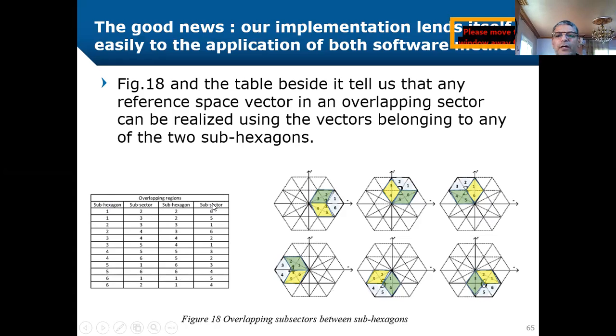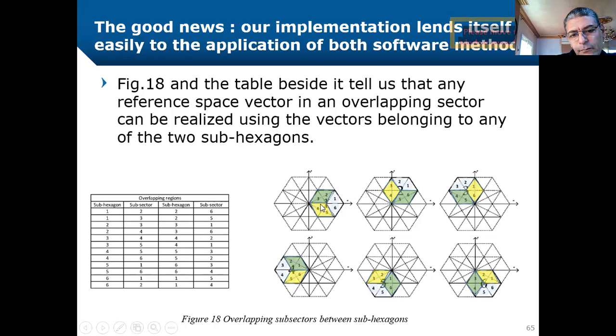Because we need to find, if the space vector tip is found in any of these overlapping areas, then we can realize the desired space vector using a basic implementation and an alternative implementation. The basic implementation will use the first sub-hexa and subsector, and the alternative implementation will use the redundant one. Let us give an example.